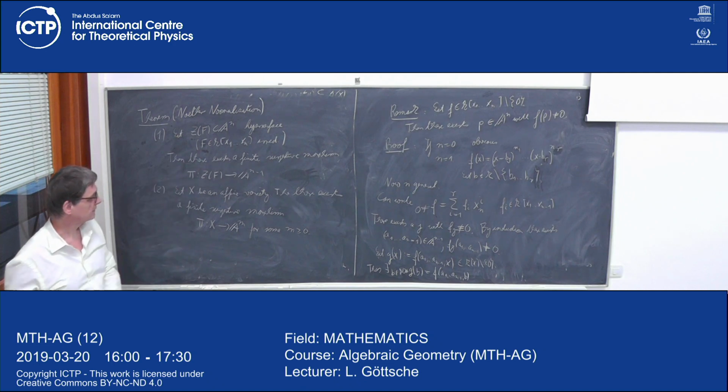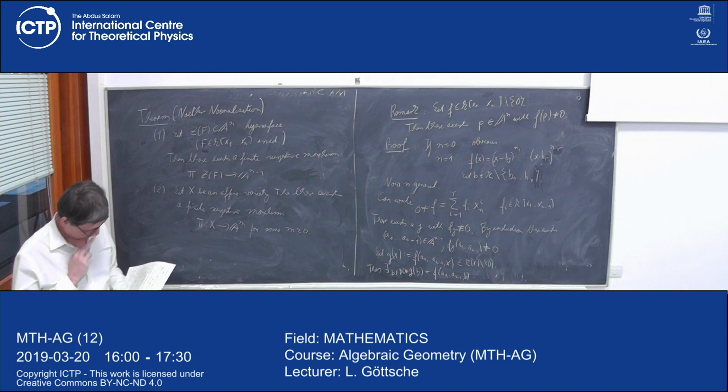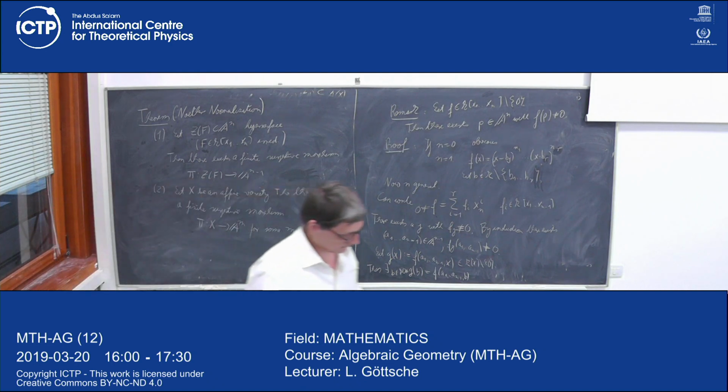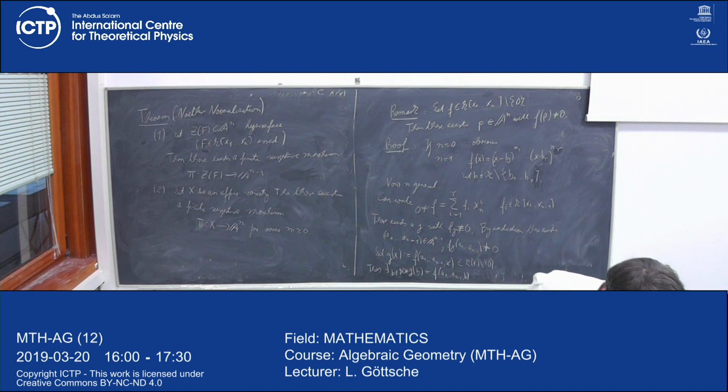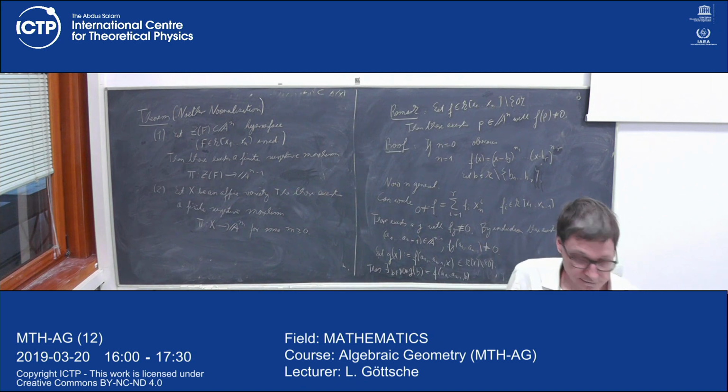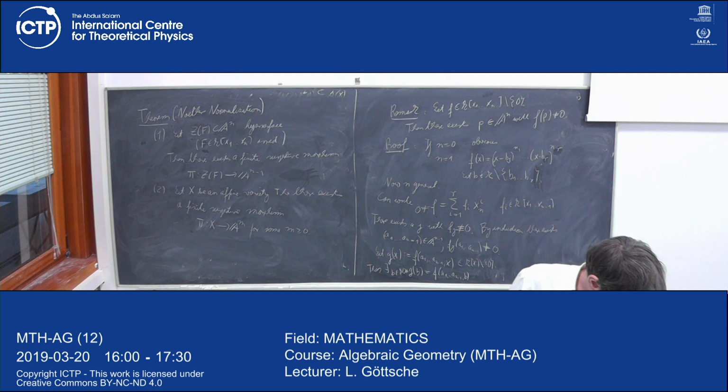Anyway, so this is the statement. The proof takes a bit of time, there's no point starting it now, but we'll prove it next time, it's not such a long story. And then we will soon properly introduce dimension and apply these things to prove results.